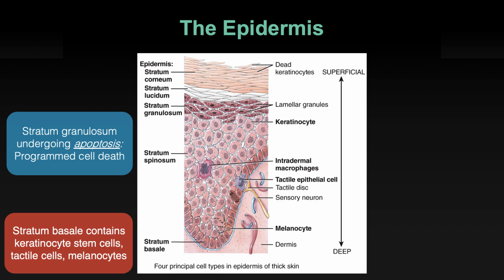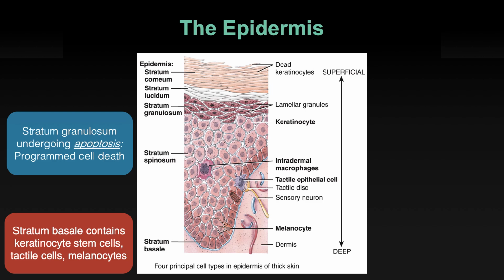But regardless, these cells don't get enough nutrients. Remember, epidermis is far from the blood supply. All of the oxygen and nutrients that get to the epidermis need to go from the blood supply deeper in the dermis, and then by diffusion make their way out.